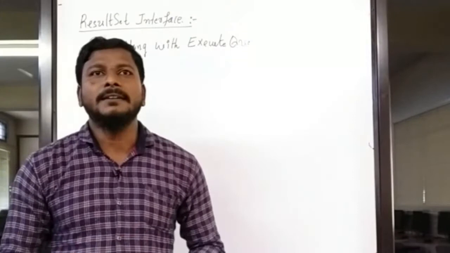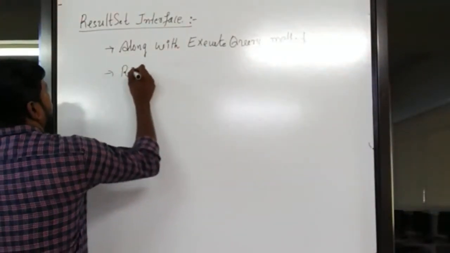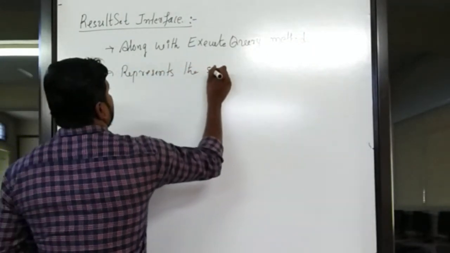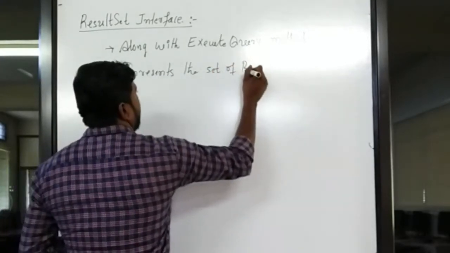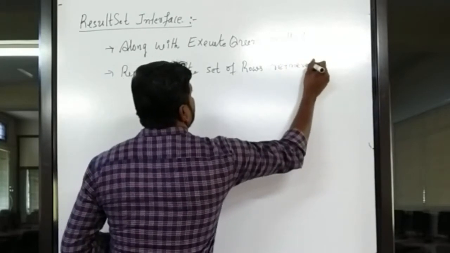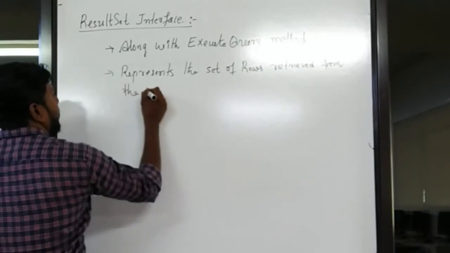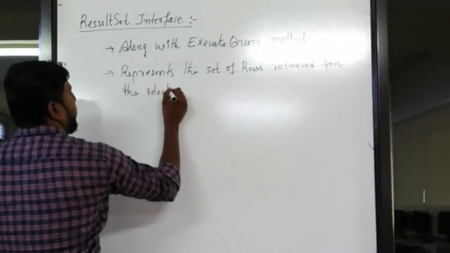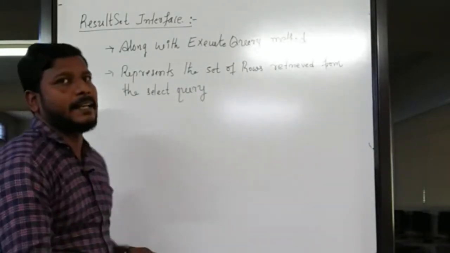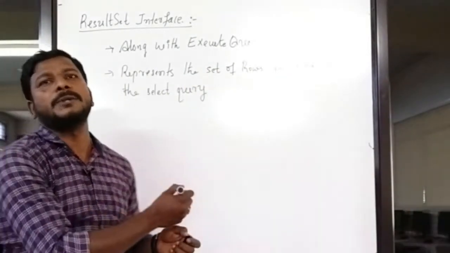We are using it along with the execute query method, and normally it represents the set of rows that is retrieved from the select query. Normally we pass a select query in the execute query method, and what it returns you have to store in the result set.